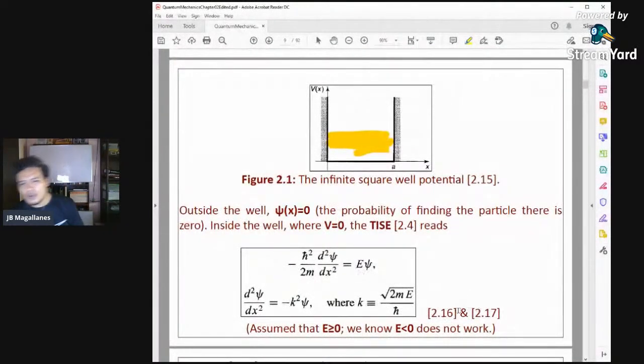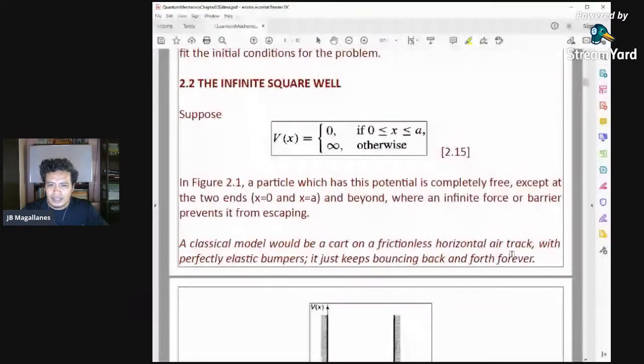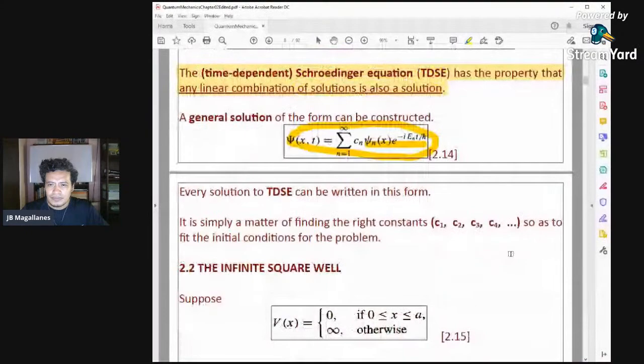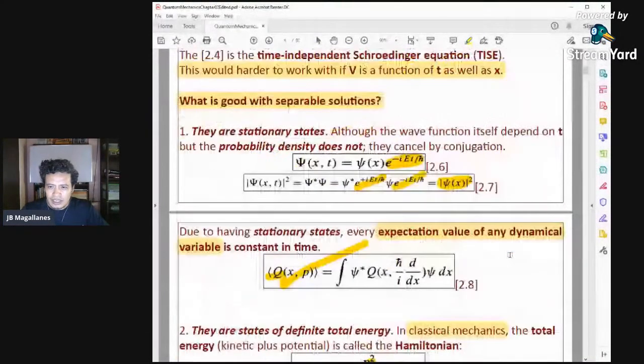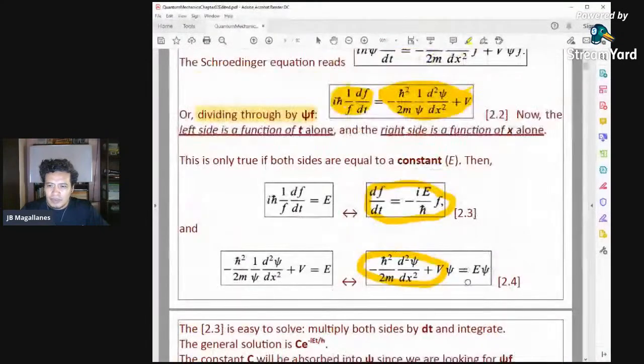So if we write the time-independent Schrodinger equation for that, between 0 and A the potential is equal to 0.